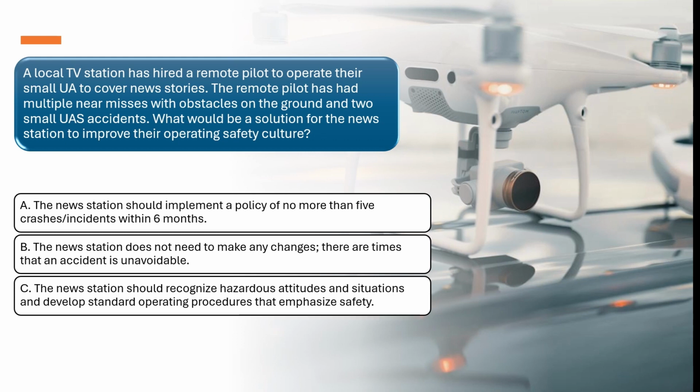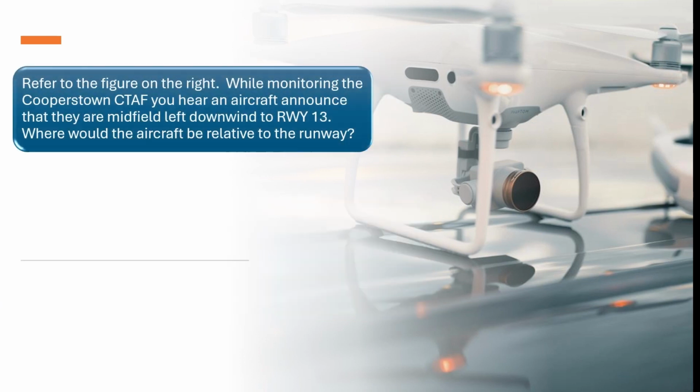Answer A is not correct since the remote pilot has already had multiple near misses and implementing a policy of no more than 5 crashes within 6 months is likely not going to fix the issue. Answer B is not correct since the news station clearly needs to enforce some sort of standard operating procedure that emphasizes safety to avoid future incidents. The news station should recognize hazardous attitudes and develop operating procedures that promote safety.